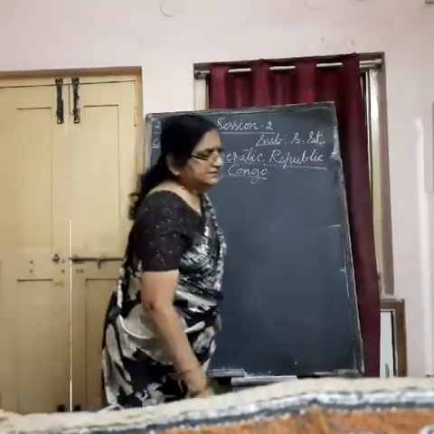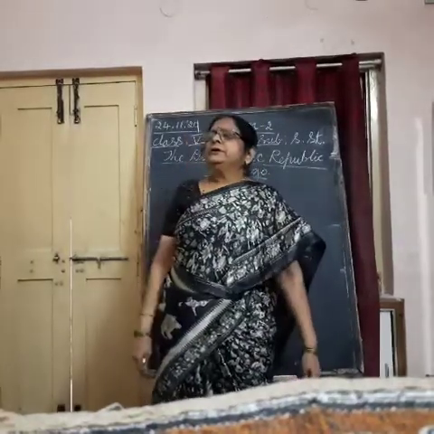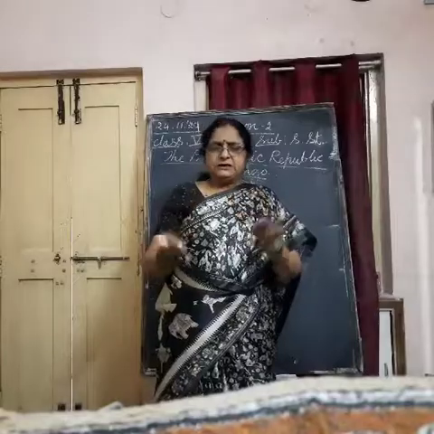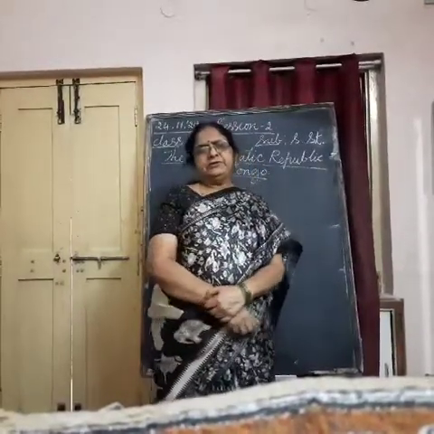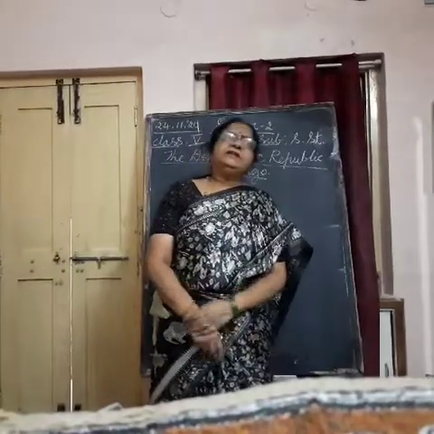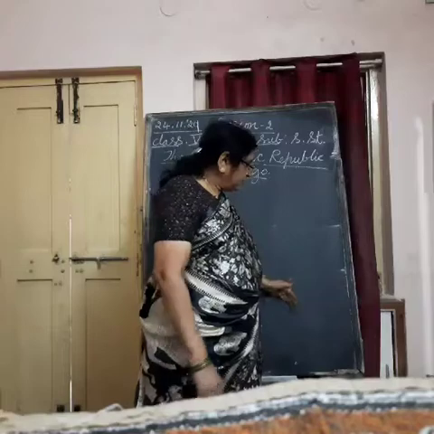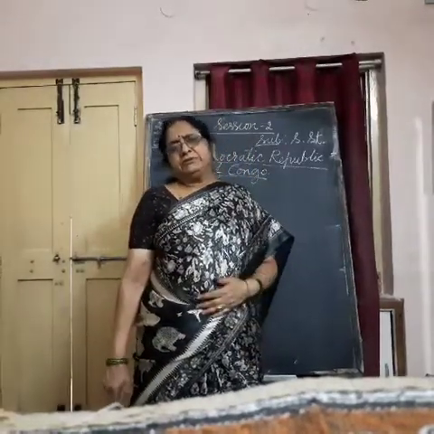Okay, so yesterday I told you the regions which are very close to the equator are called equatorial region. The countries which lie between the Tropic of Cancer and Tropic of Capricorn are called the equatorial region.